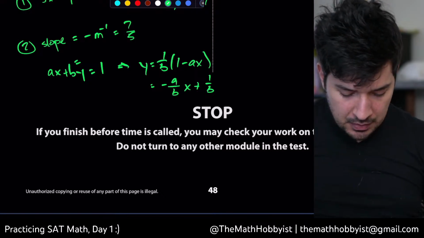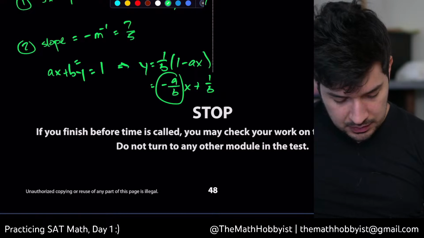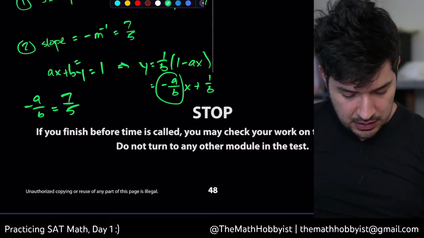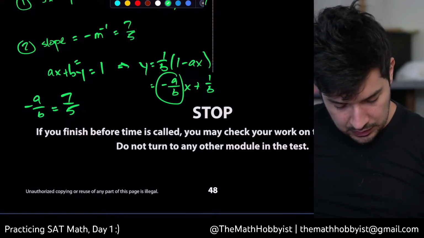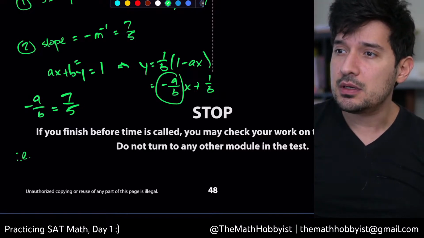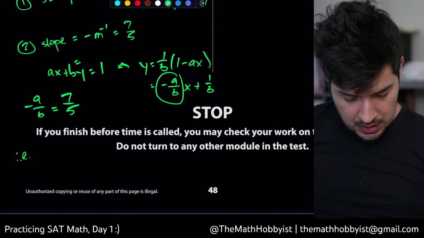And then we know that negative a over b equals 7 over 5. In other words, am I back on the iPad or no? Yeah, I am. Good.